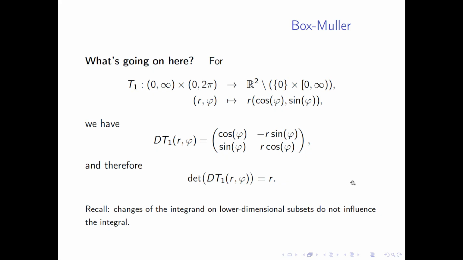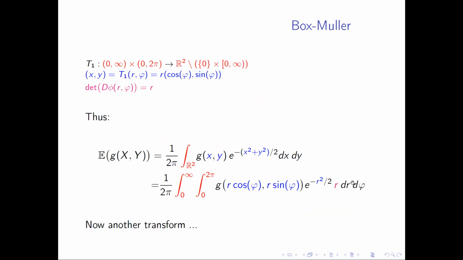Let's look at the changes of the integral again. T1 is our transform given by this relation, and the magenta part is the Jacobi determinant. Let's first deal with the red. We are exchanging R^2 with the integral from 0 to infinity and 0 to 2 pi.